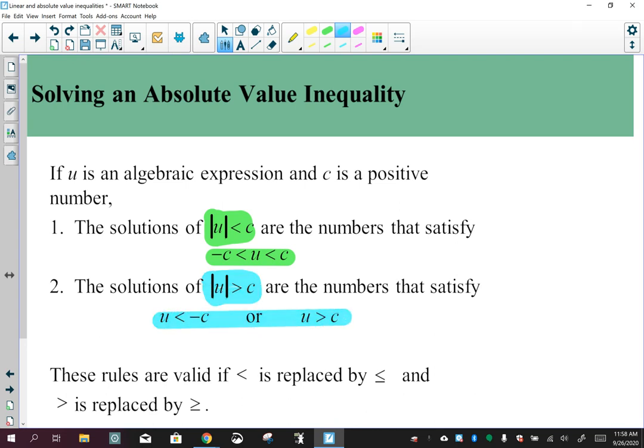So that means when you graph this, these are not going to overlap. You're actually going to have two separate graphs on your number line, and you're going to have a space in between where there are not true statements. And you see these in absolute values. So we're going to look at both of these here. So let's take a look.